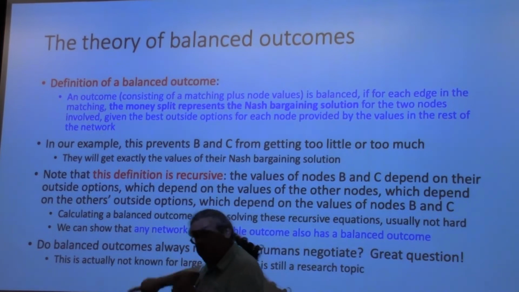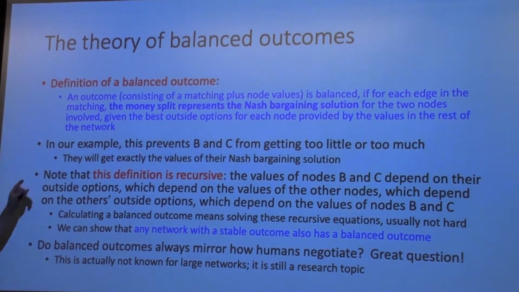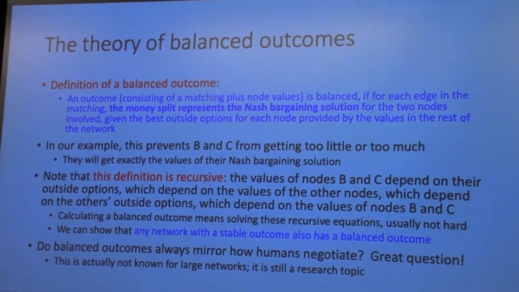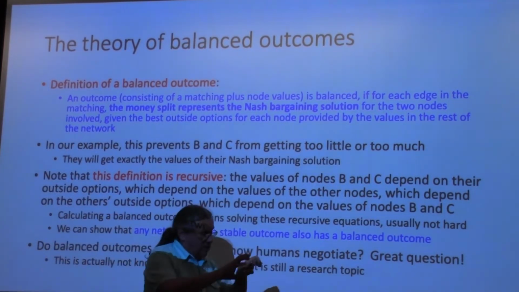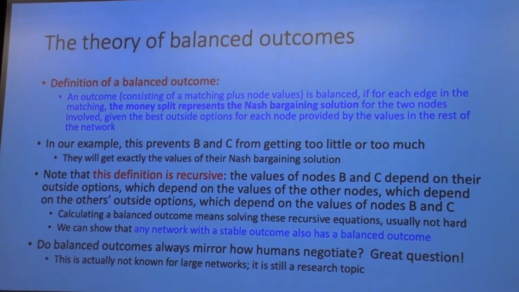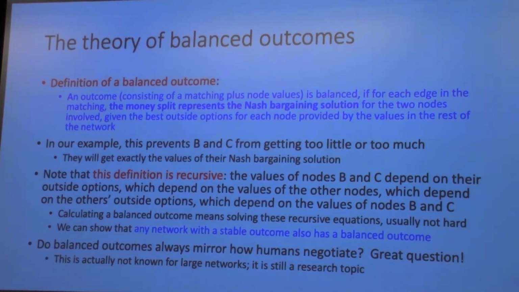Notice, if you want to compute this, that this is actually a recursive definition. If you want to compute it on a real network, and I propose that you do some exercises on this, the values of nodes B and C depend on their outside options. But these outside options depend on the values for the other nodes.